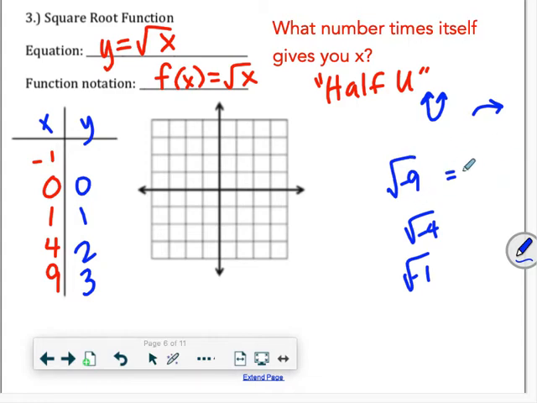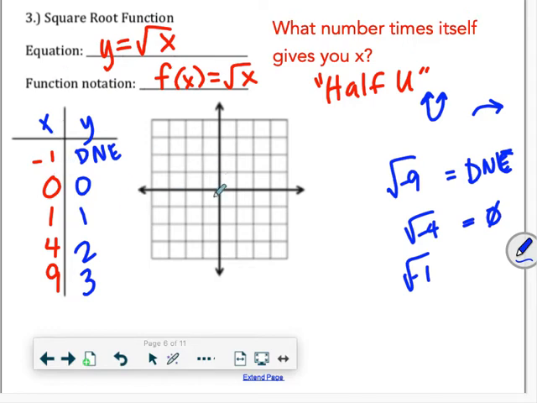So this does not exist in the real number system. Okay, D, N, E, this does not exist, or right now you could say there's no solution for this. So I'm going to write D, N, E here for the square root of negative 1, and that would be for all of these negatives. We don't have an answer for that.